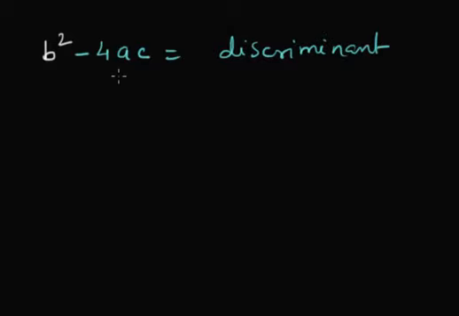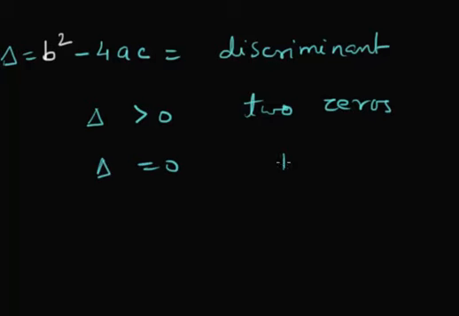Whenever the discriminant, also called delta, is greater than 0, we have two zeros corresponding to the given quadratic function. If this delta is 0, we have only one zero or one root corresponding to the given quadratic function.